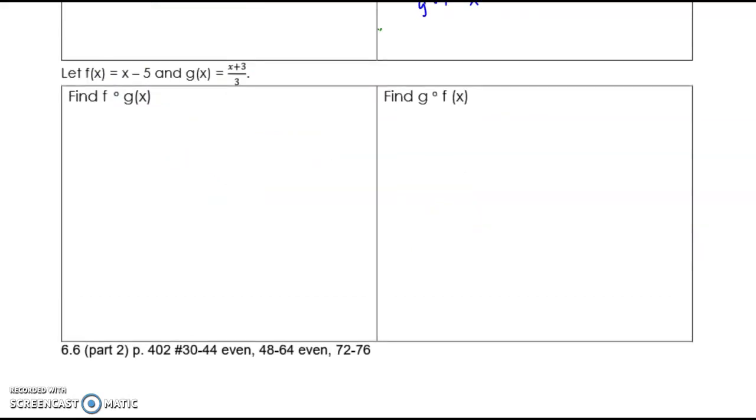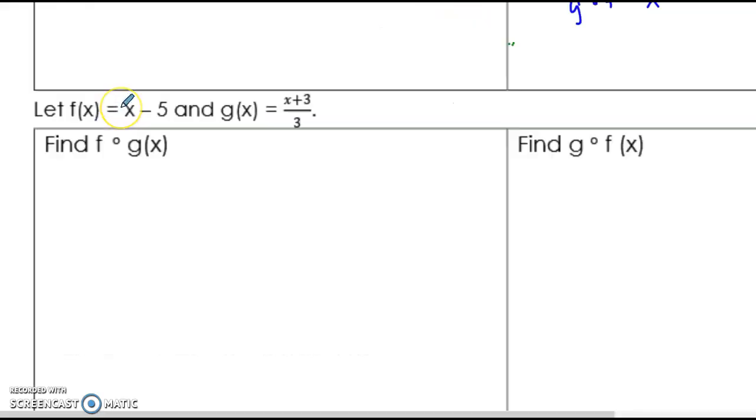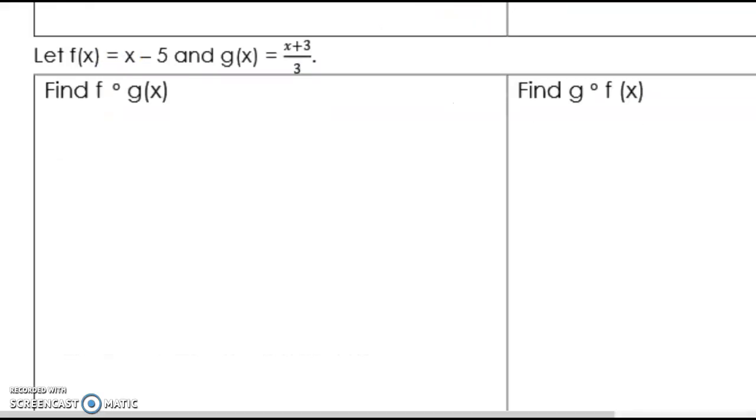All right, let's try the next one. So the difference to this one is you have a fraction here, but otherwise we're doing it the same way. So f of g of x.